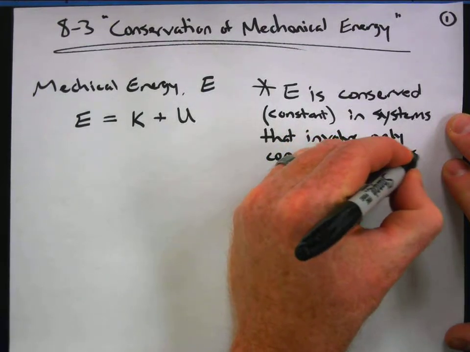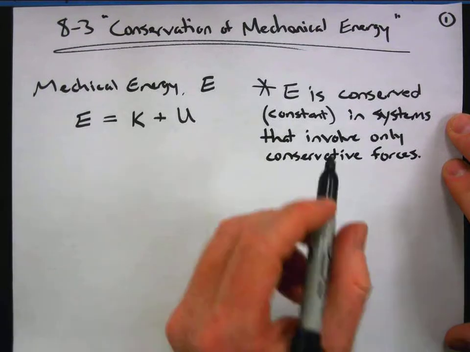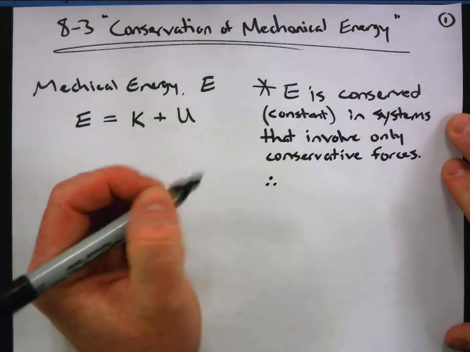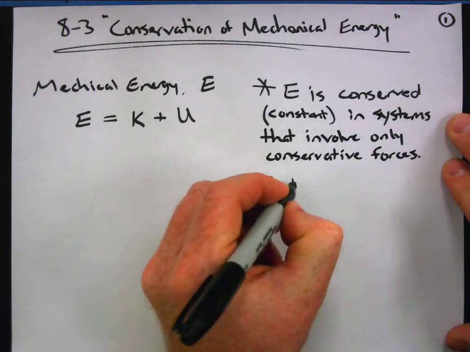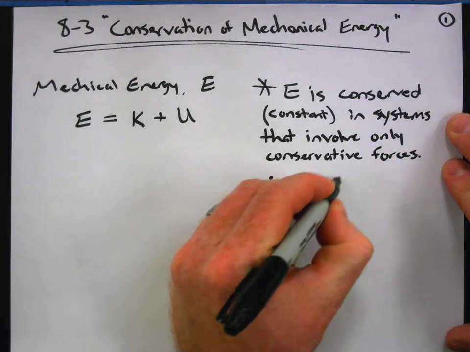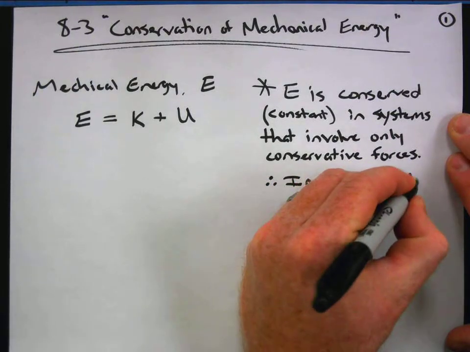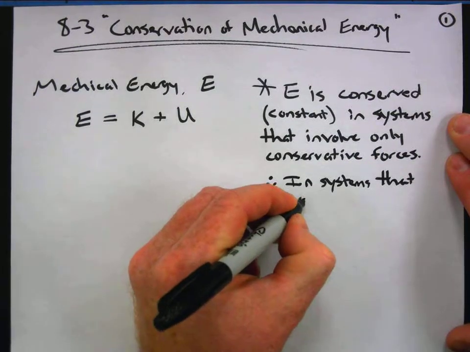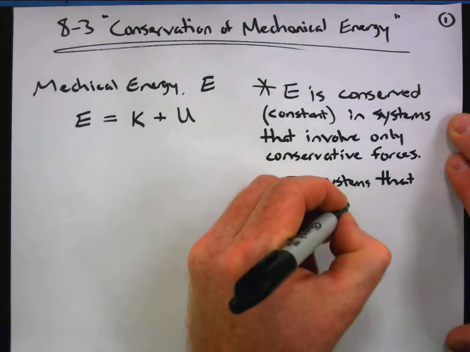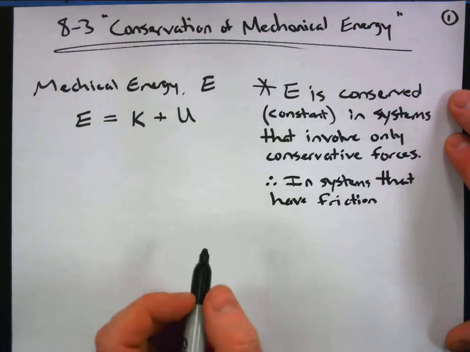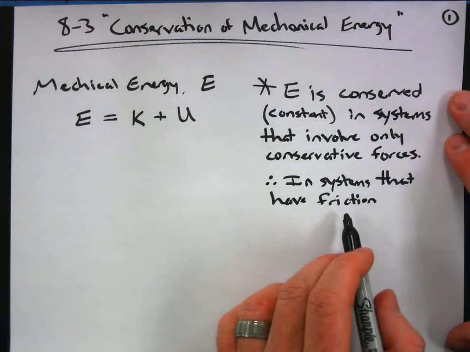Therefore, with this statement in mind, we can say that in systems that have friction, and we all know this really is every system, there's probably some friction whenever there are parts moving against each other, or objects sliding, or whatever it might be.